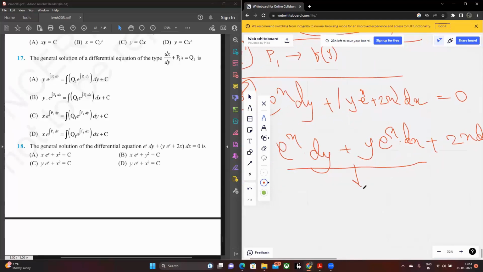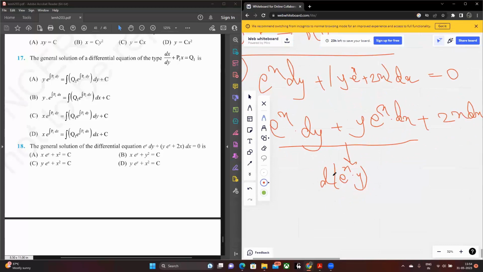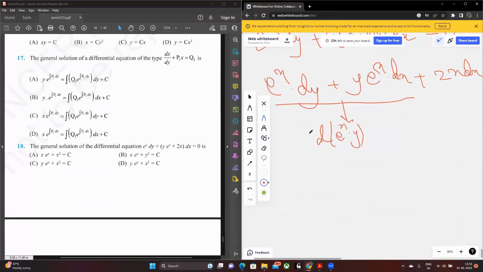Notice that this is basically the differential coefficient of e power x times y, because this is e power x into dy plus y into d of e power x, that is e power x dx. So you basically have d of e power x y plus 2x dx equaling 0.